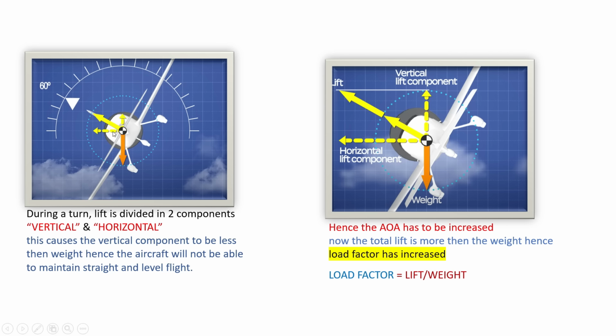So it is not balancing the weight. One force is a little bit upward, and the other is the weight, so the aircraft will go down. And so whenever you're turning, in this case to the left, the aircraft will start to descend.